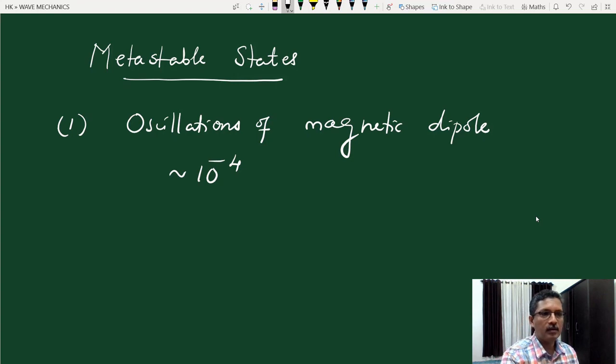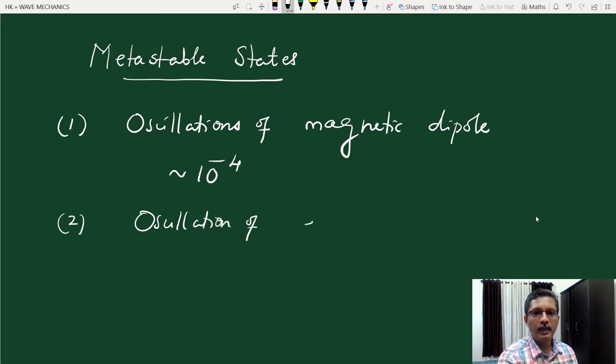Now another process is oscillations of electric quadrupole moment.